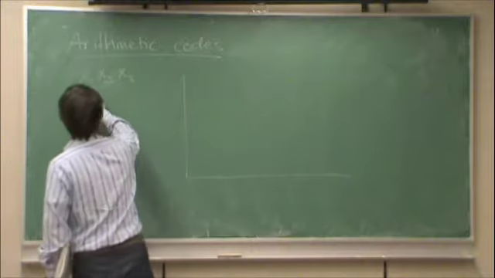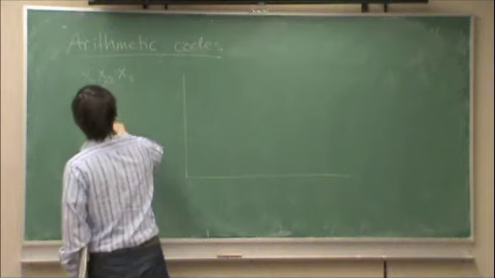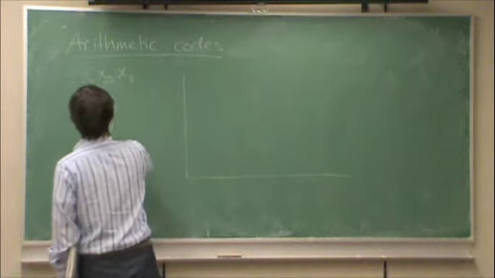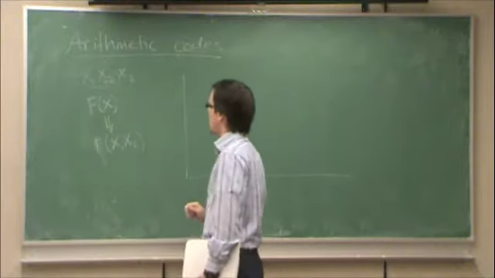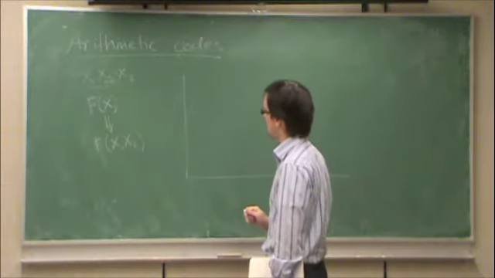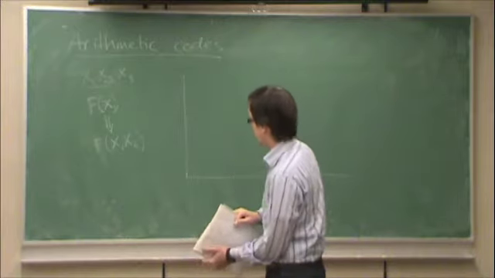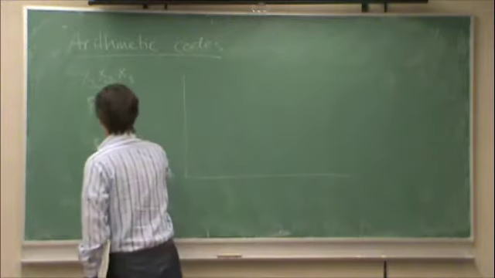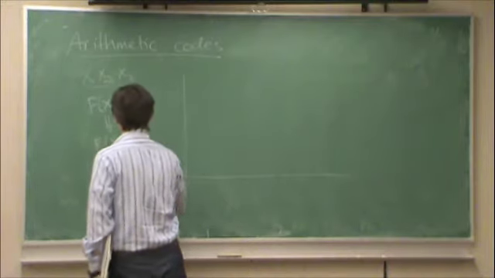I already know fx1. From that, I need to know fx1,x2. Once I know that, I need to get f bar of x1, x2.